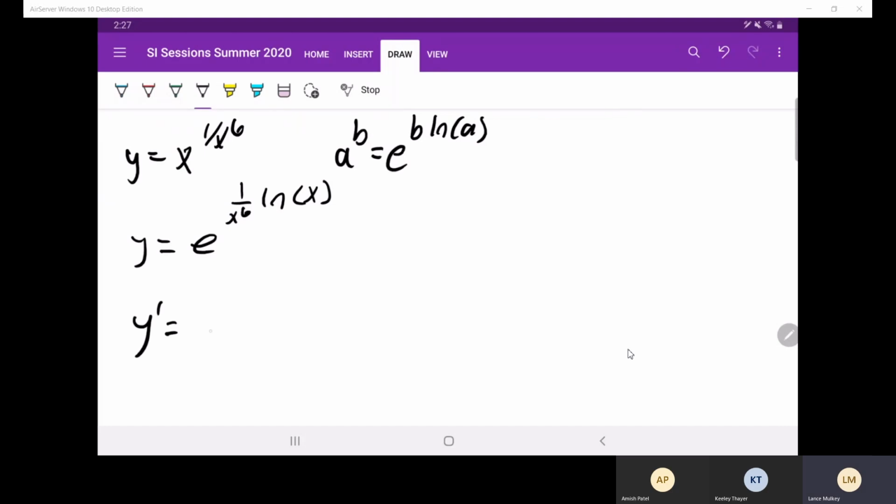Y prime equals e to the 1 over x to the 6th natural log x, times the derivative of this. You've got to use quotient rule for that one actually. The derivative of that is -6 natural log x plus 1 over x to the 7th.